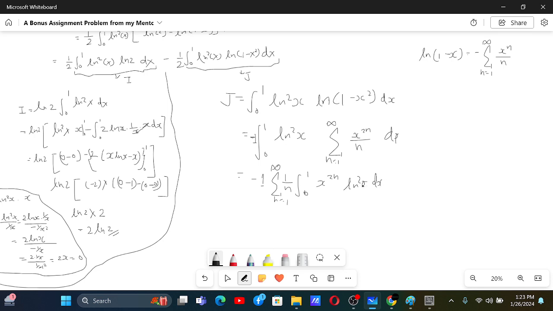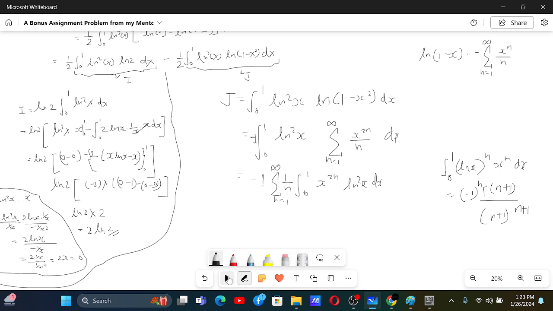Now this is just a modification of the gamma function. Basically, in the gamma function, if we have the integral from 0 to 1 of ln x to the power n times x to the power m dx, that integral will just be equal to minus 1 to the power n, gamma of n plus 1, over m plus 1 to the power n plus 1.